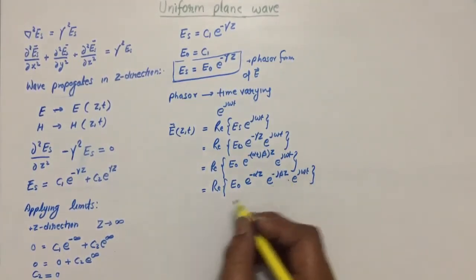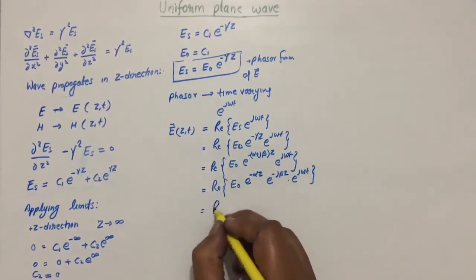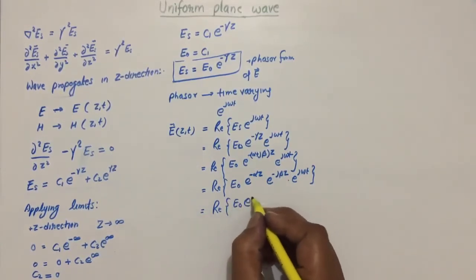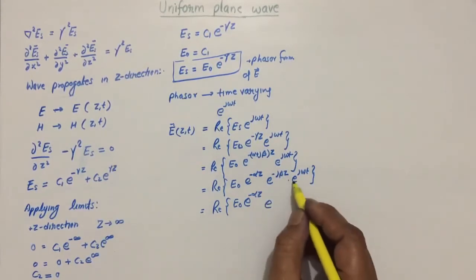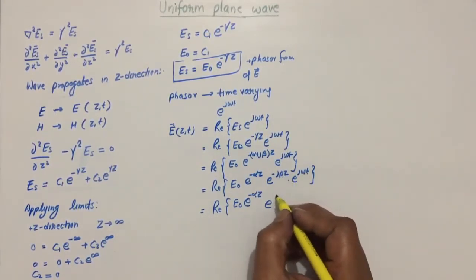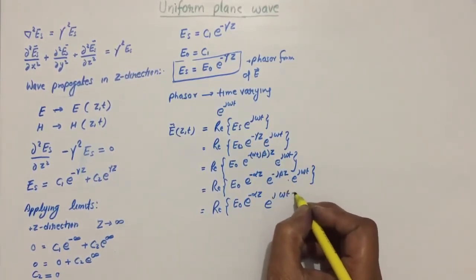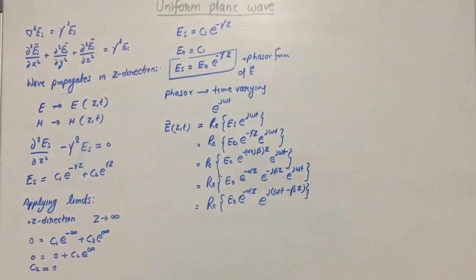Now if we further simplify, then we can have the real part of E naught e to the power minus alpha z e to the power, if we take this term here, j (omega t minus beta z). We can write like that.